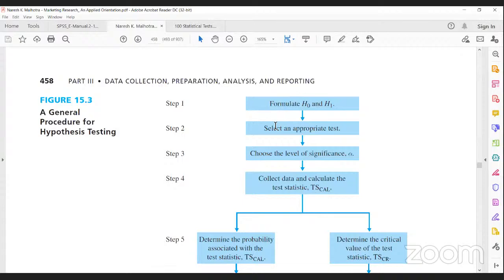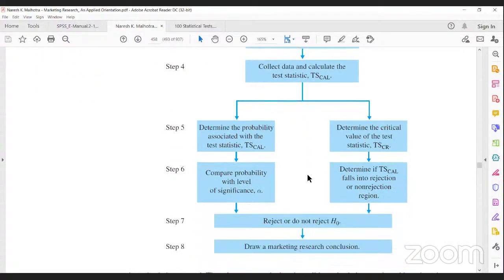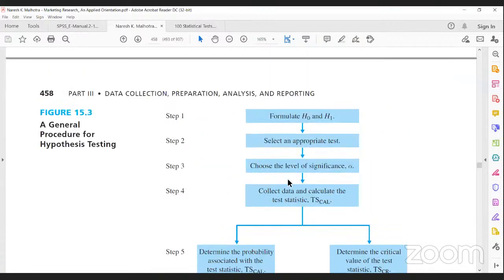They have explained it step by step very clearly here. You can see this book; I'll be sending you this book also in the last classes.